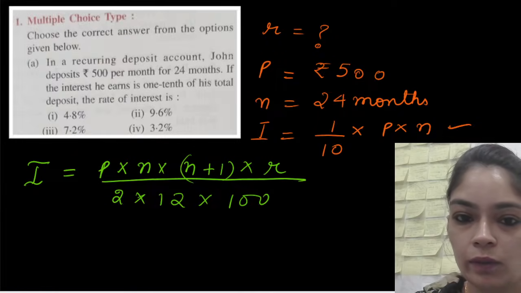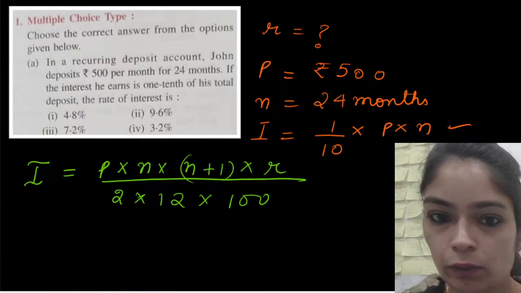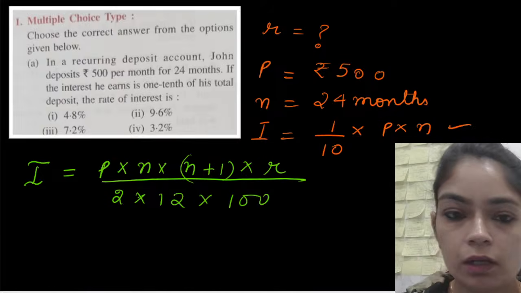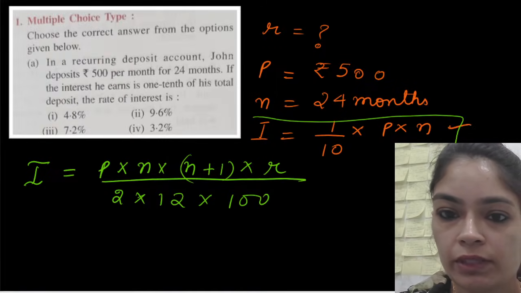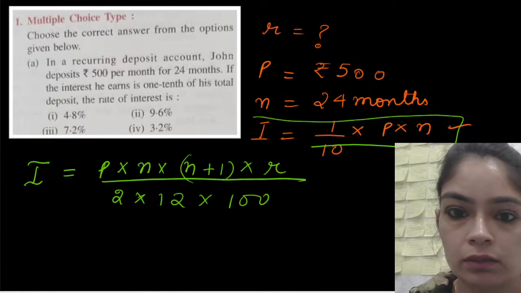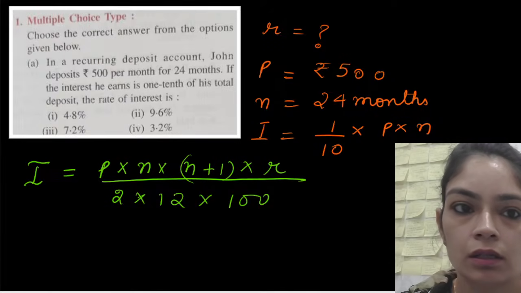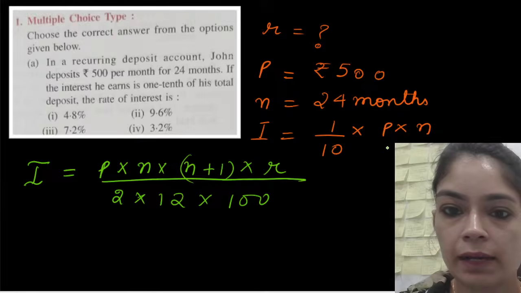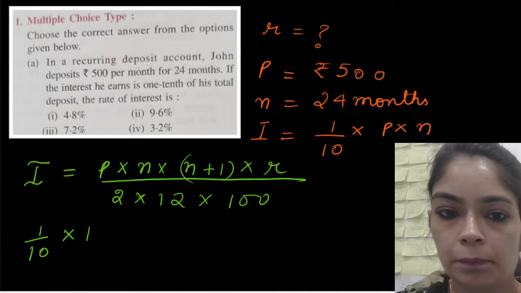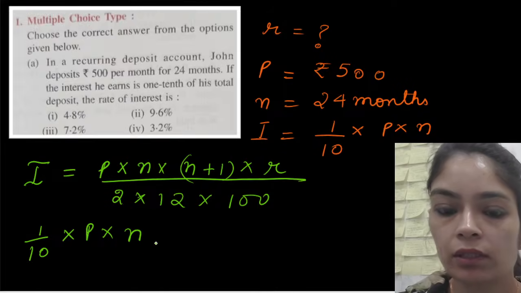It's P into N plus 1 into R by 2 into 12 by 100. Okay, so interest I have mentioned here. See, the formula which I have given you, that's the formula of interest. So I's value I've written here, 1/10th of P into N. So I'm just substituting the values now.